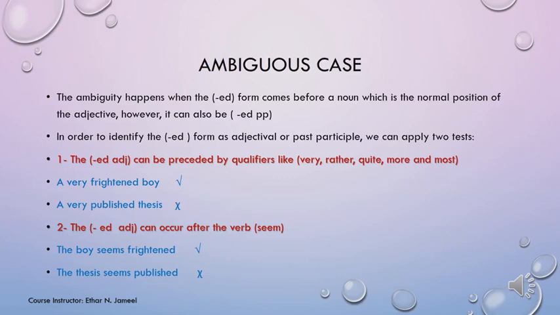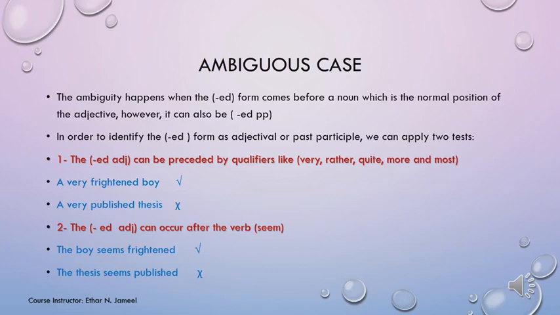We have frightened boy and published thesis. Can we say a very frightened boy? Yes, we can say a very frightened boy. So frightened is an adjective and the ed in frightened is ed adjectival.